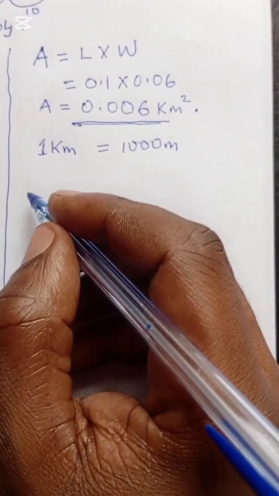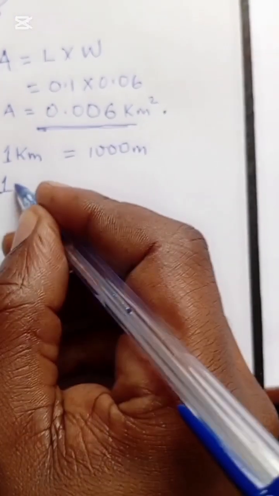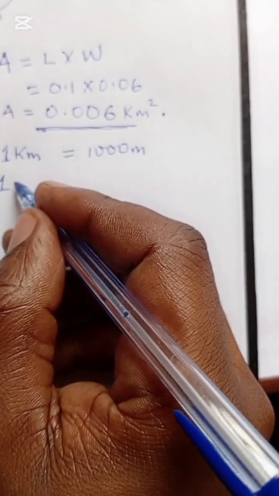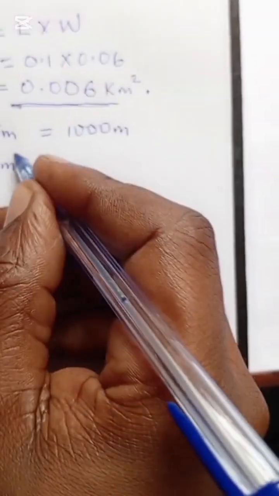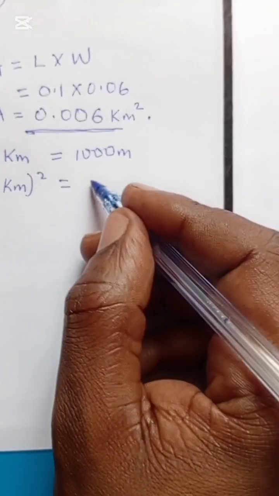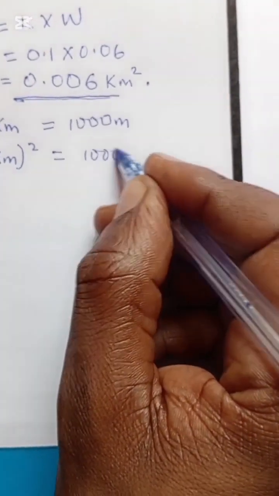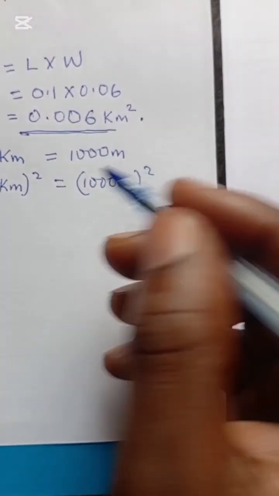And if I want to change the unit to area, which is the square units, I have to square this, and also this, 1,000 meters squared.